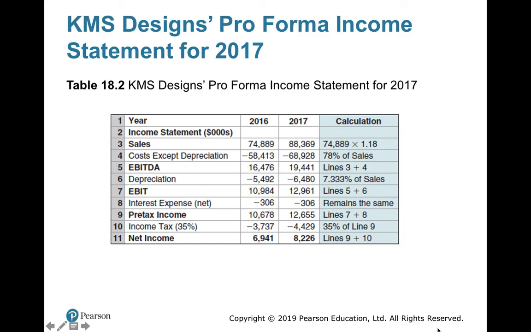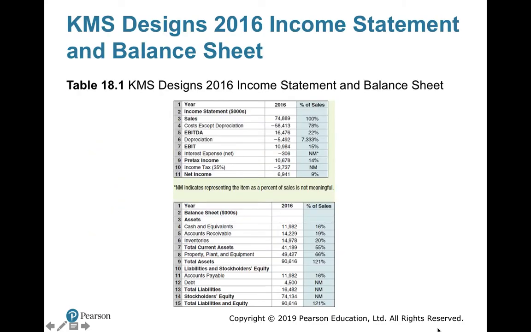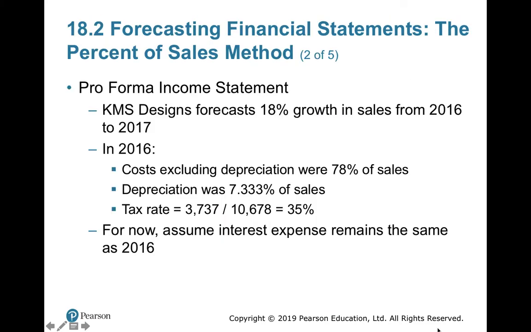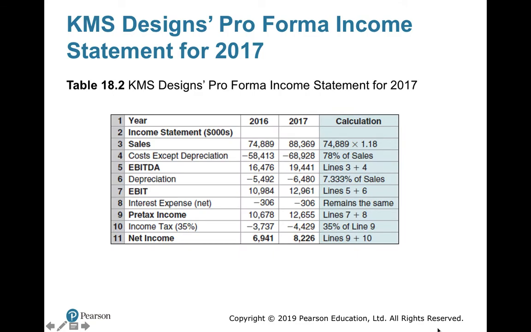Interest remains the same. You remember in the forecasting we have written not meaningful for interest. We will keep it as it is because interest might not increase in proportion to the sales. It depends on the borrowing. Think there is no new borrowing, so interest will be 306, constant. Pre-tax income 12,655.